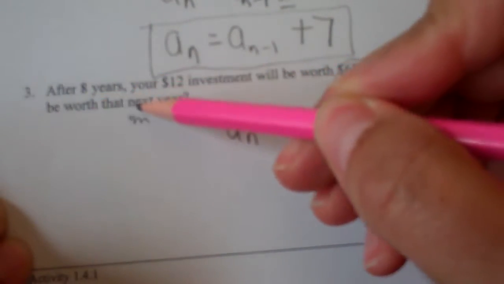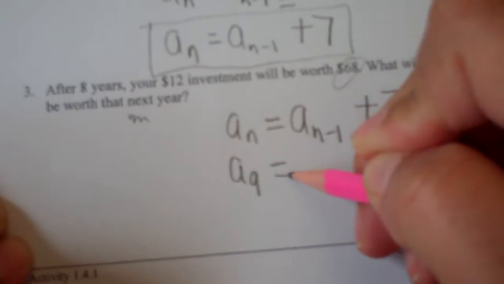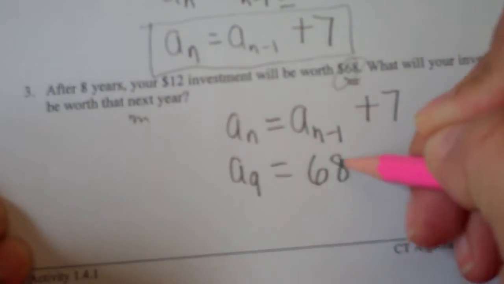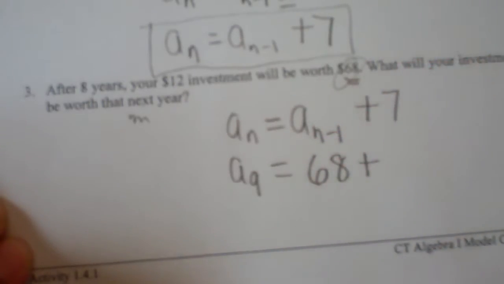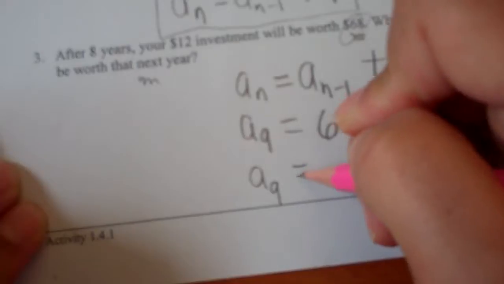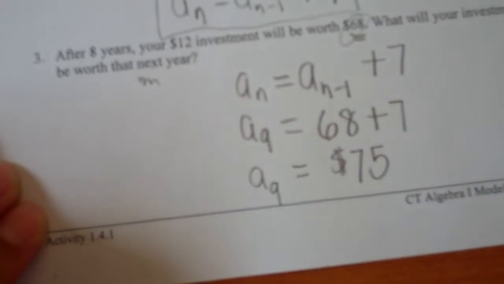After 8 years, so we're looking for that next, so we're looking for that 9th year. We have 68, that was the previous amount, so that's what's going to be substituted in for a sub n minus 1 plus 7. So a sub 9, which is our 9th year, is going to be worth $75.